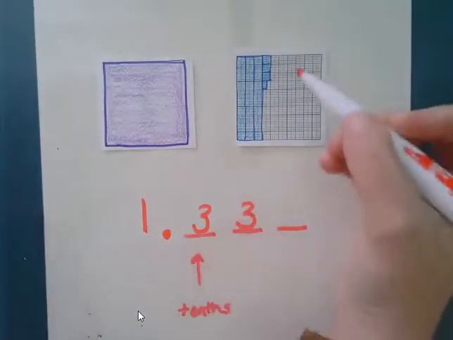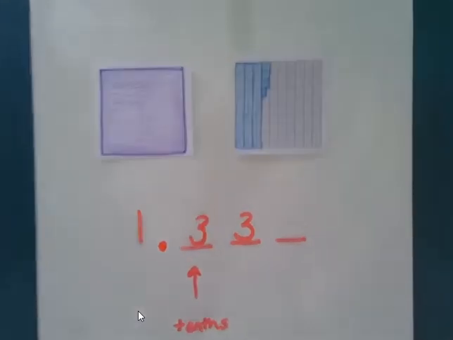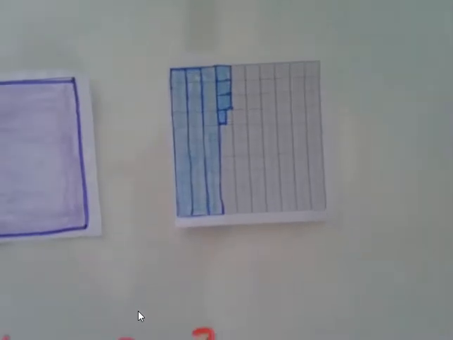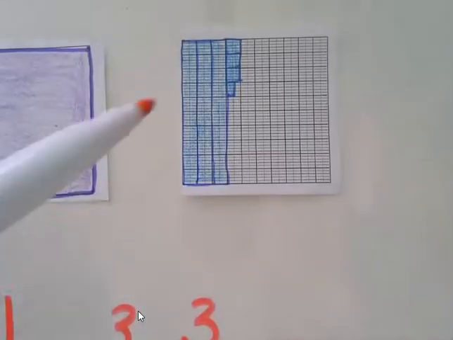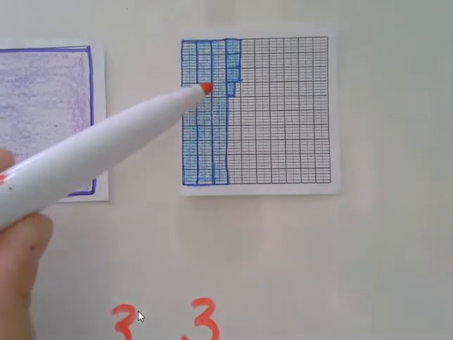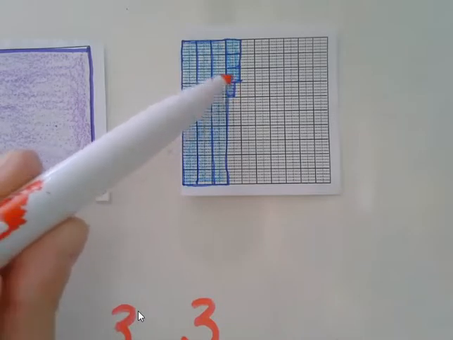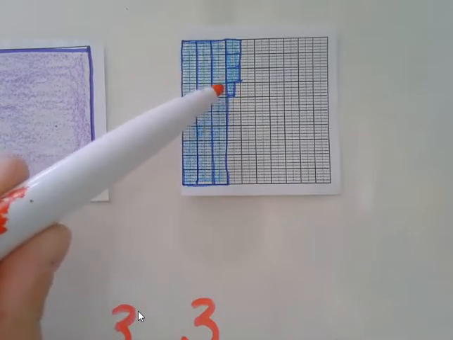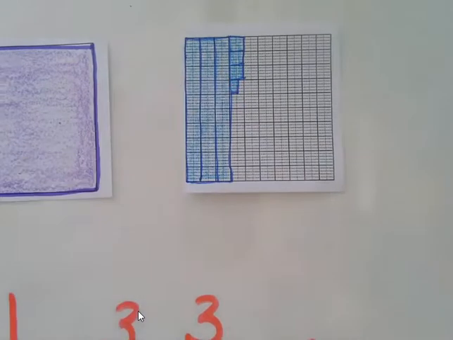The last thing I'm going to do is look at that thousandths place. All right, bear with me. I'm going to zoom down in. All right. See those teeny tiny little boxes? Remember that 100th square is made up of 10 thousandths. Half of that square is shaded in.